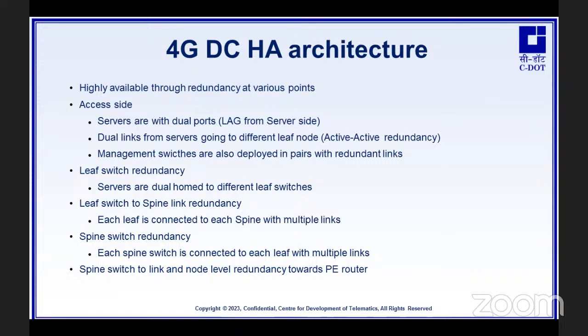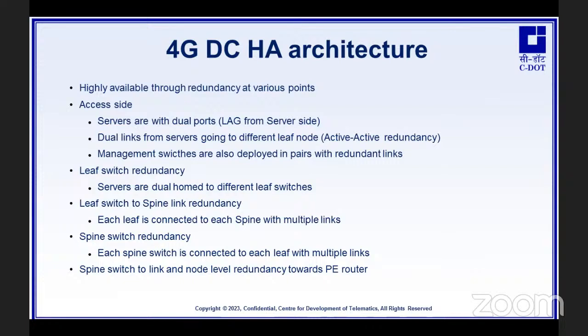Leaf switch redundancy: servers are dual homed to different leaf switches, as I have said. One 25G connection to one switch and the other 25G connection to the other switch. Similarly, in case of 100G data plane servers. Leaf switch to spine link redundancy: each leaf is connected to each spine by multiple links.